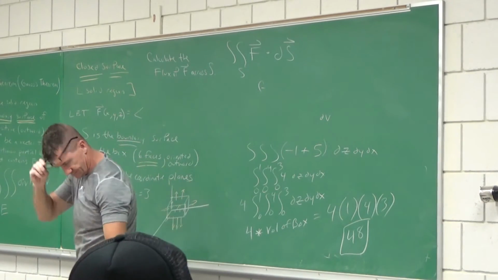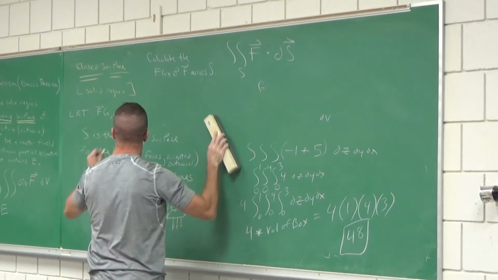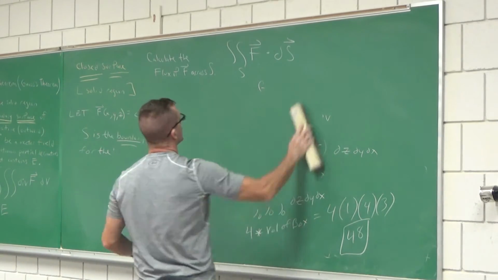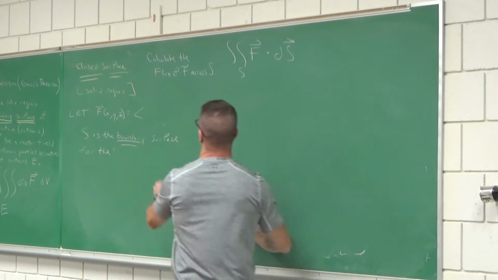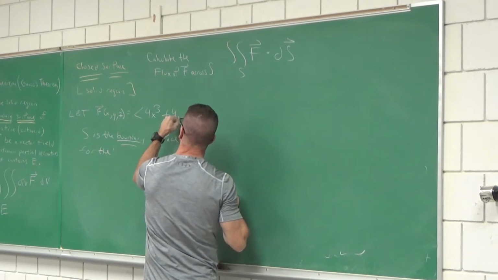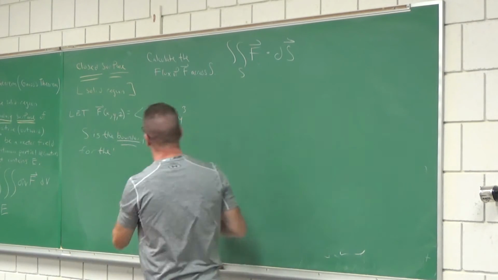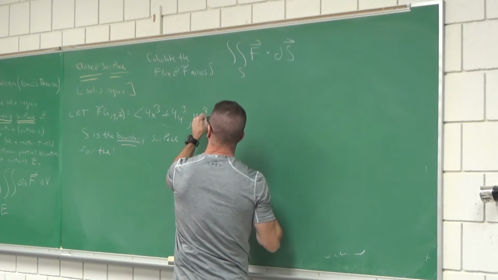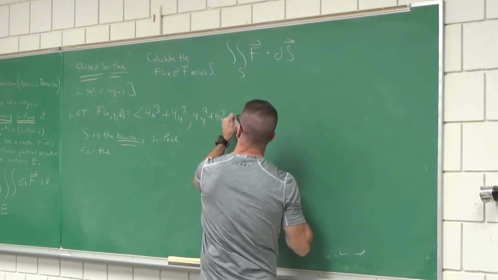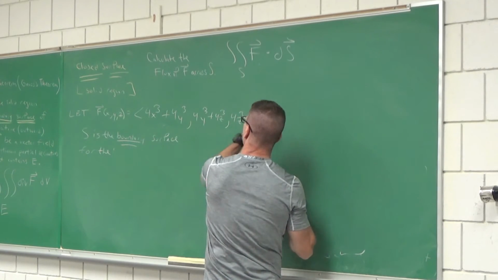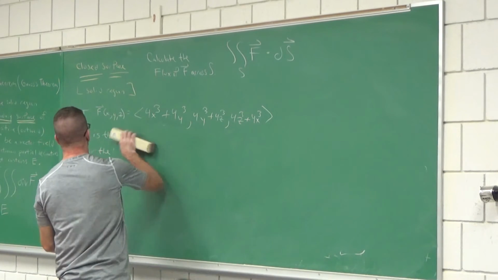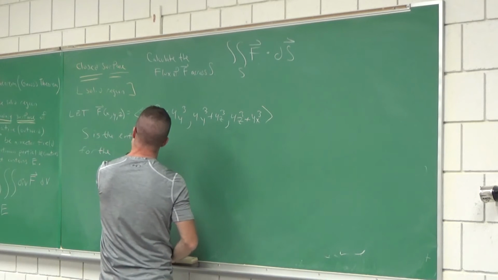Here's the vector field: F equals x cubed plus 4y cubed, y cubed plus 4z cubed, and z cubed plus 4x cubed. S is the entire surface.